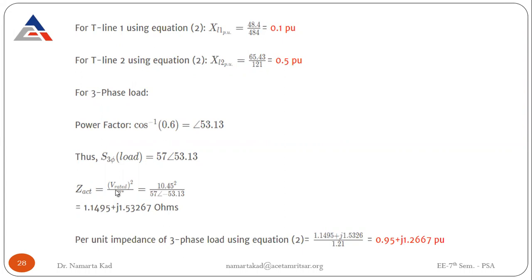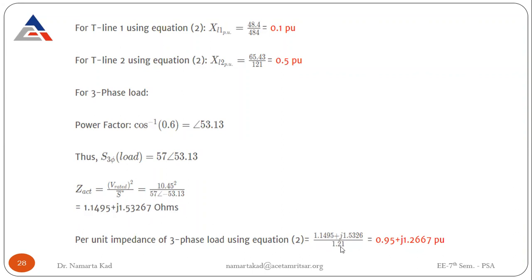The actual value is V square, where V for the three phase load is 10.45, squared, divided by S, that is 57 angle 53.13. This gives you this answer. And now the per unit impedance: this one is our actual, and this divided by 1.21.